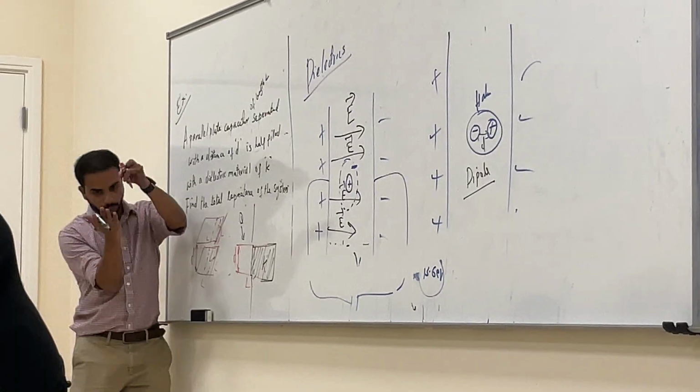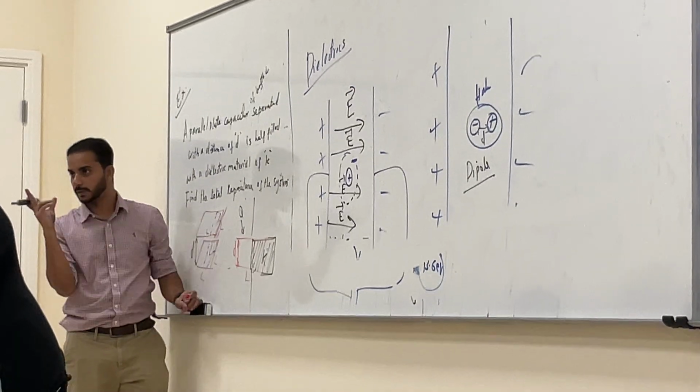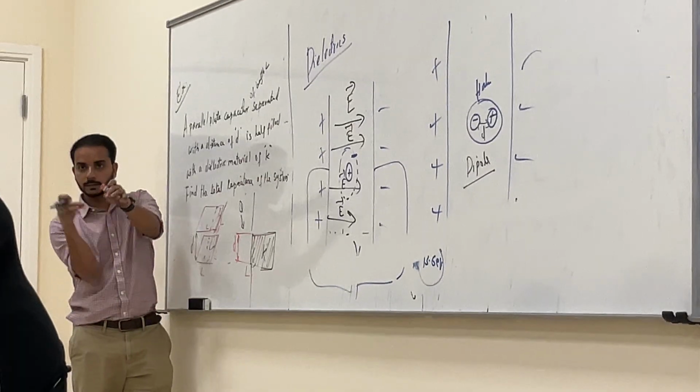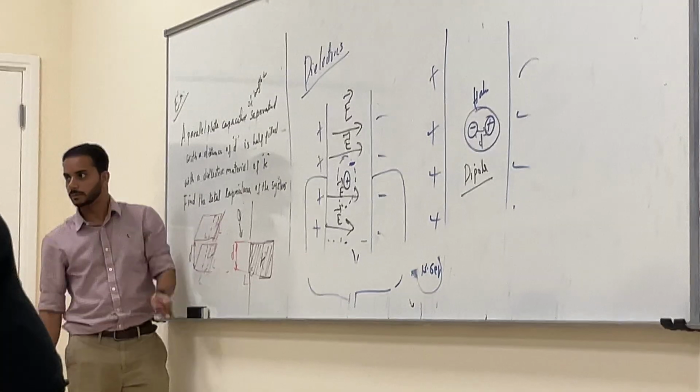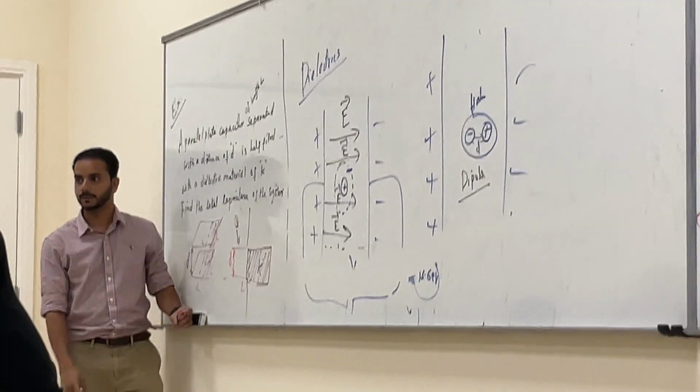This is, I took a parallel plate capacitor, a single capacitor, right? And I just insert some material which fills it halfway through. So you should calculate the total capacitance of this.